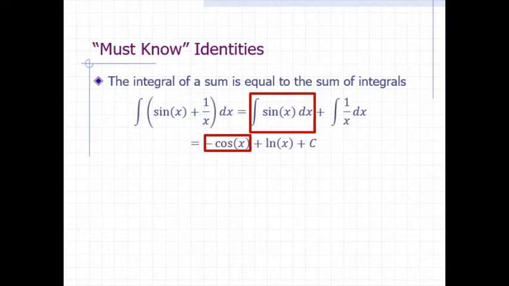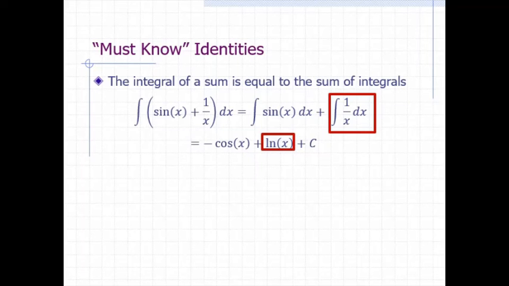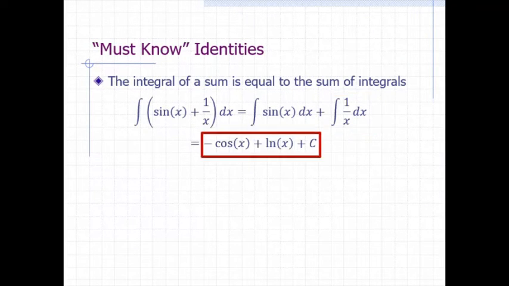The integral of sine x, which is negative cosine x, plus an arbitrary constant, and the integral of 1 over x, which is the natural log of x plus an arbitrary constant. We can combine the integration constants for both integrals. As usual, let's call it c. So the integral is negative cosine of x plus natural log of x plus c.